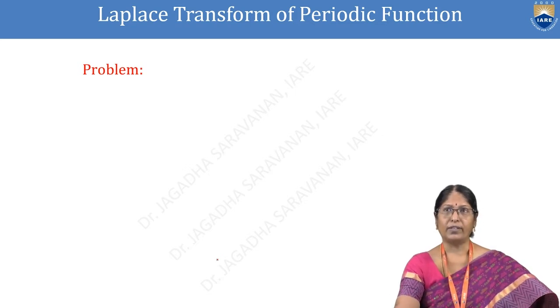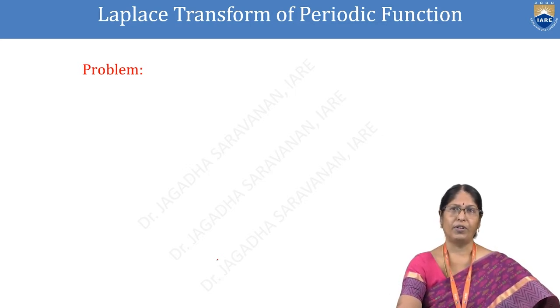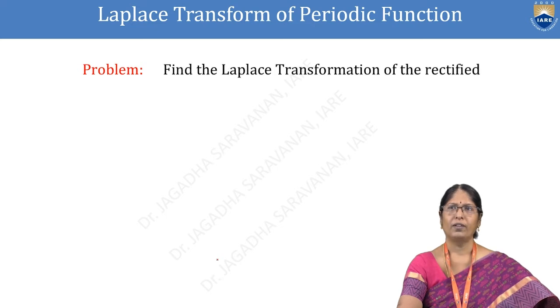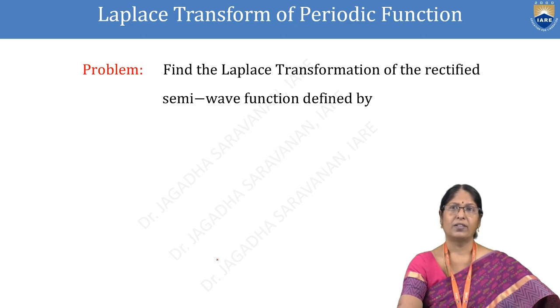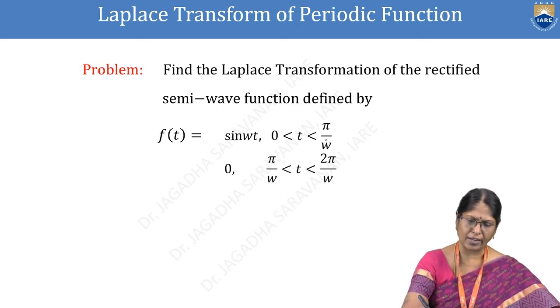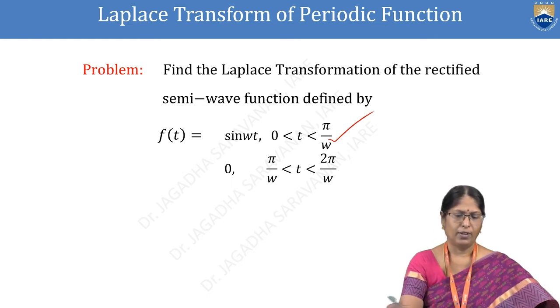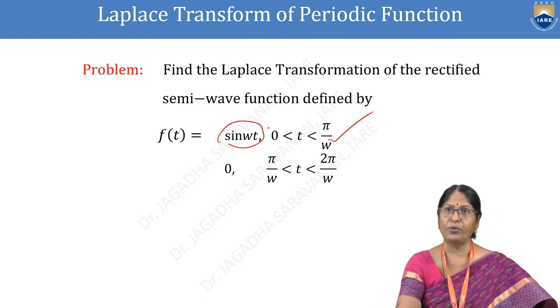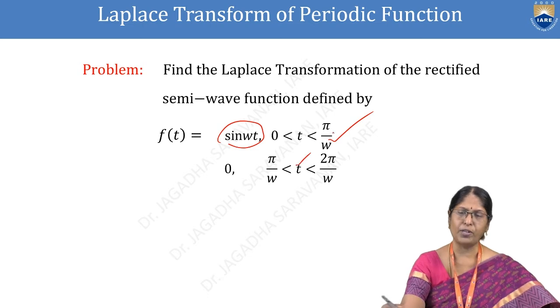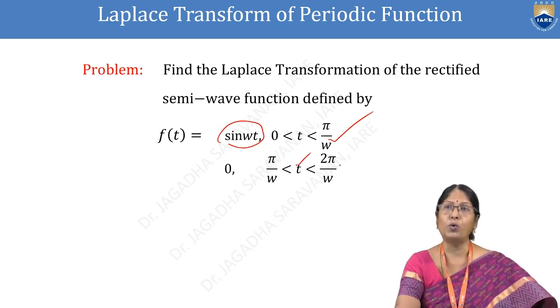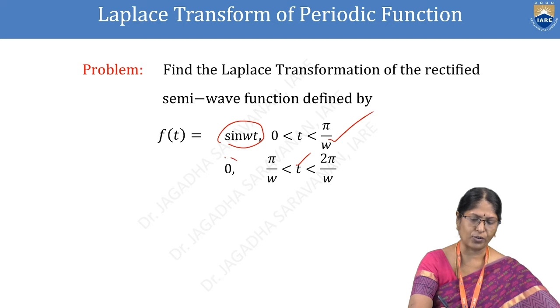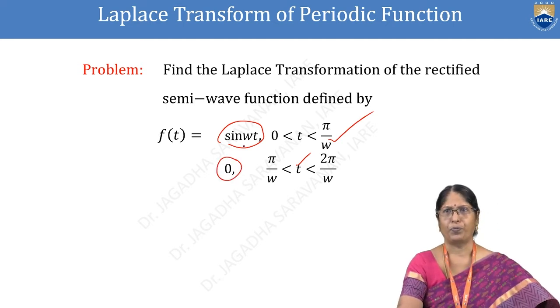So based on this periodic function, we will solve a problem. Find the Laplace transform of the rectified semi-wave function defined by f of t equal to sin wt when t lies between 0 and pi by w, and when t lies between pi by w and 2 pi by w, the function is 0.